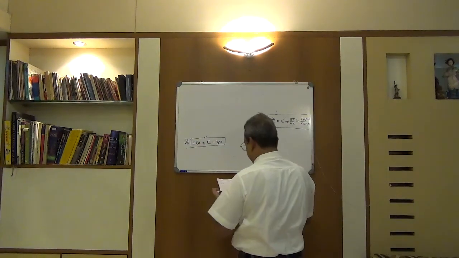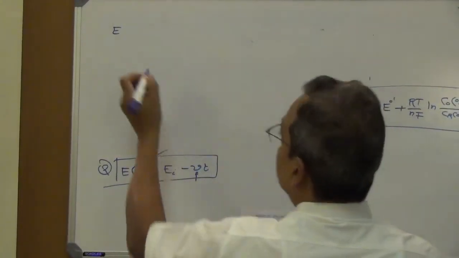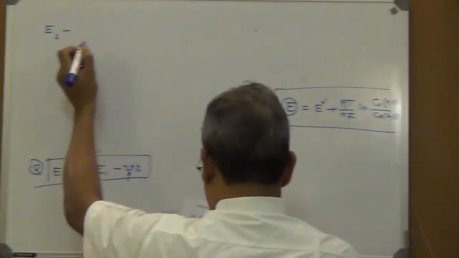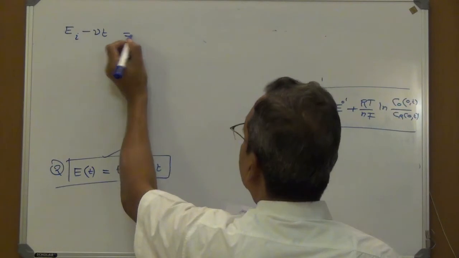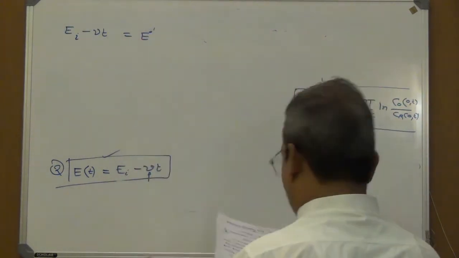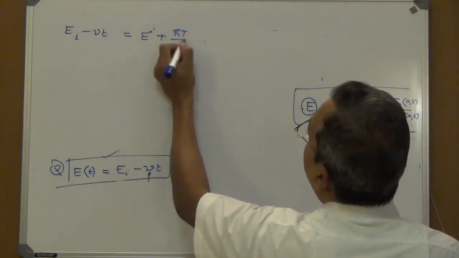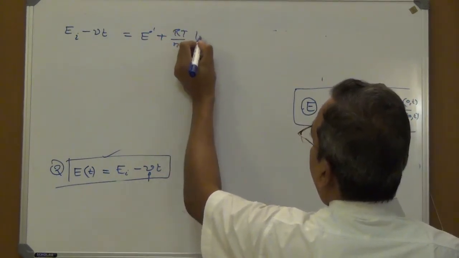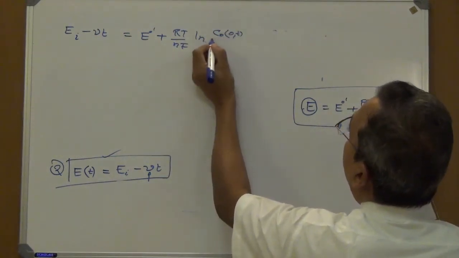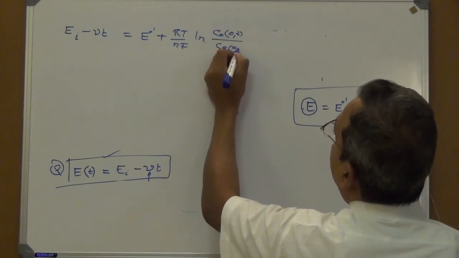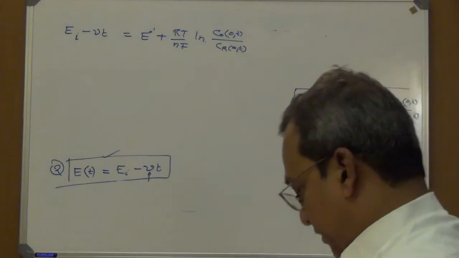What I get is Ei minus nu t, equal to E0 dash, which is the formal redox potential you already know, plus RT by nF ln of C_O(0,t) upon C_R(0,t). I just plug this E in place of that E, because in our case E is now time dependent.